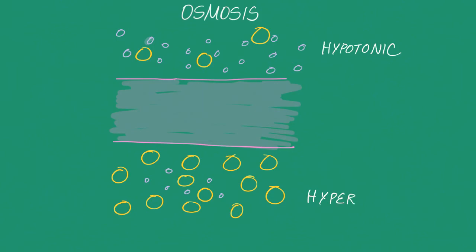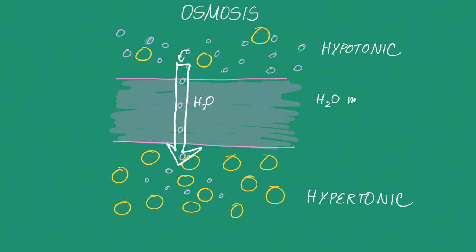The inside has fewer water molecules and has more solute molecules, and so we say that it is hypertonic. So osmosis is the movement of water from a region of high concentration to low concentration across a semi-permeable membrane, which is the phospholipid bilayer.